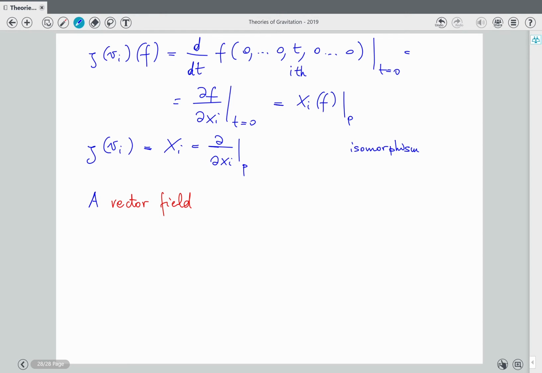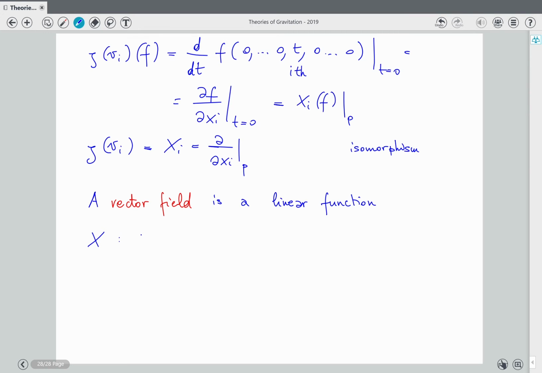What is a vector field? It is a linear function, this time we call it x, unfortunately.